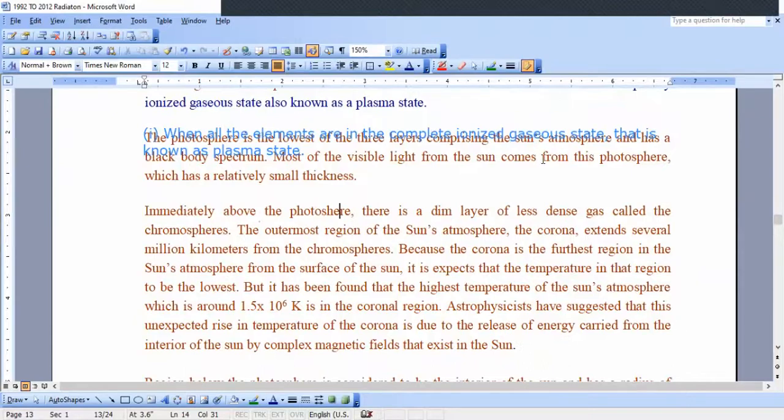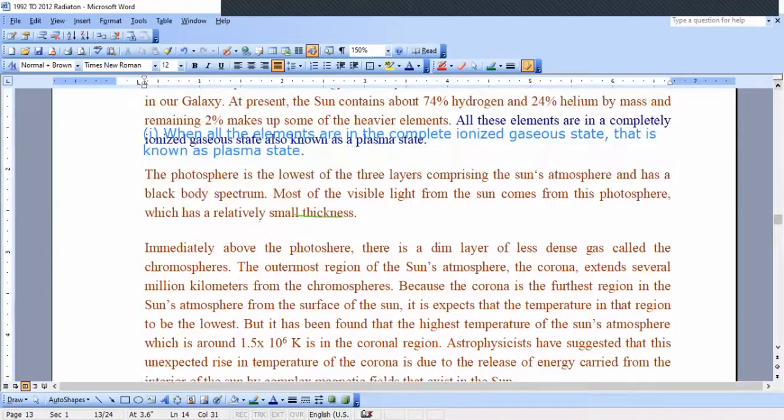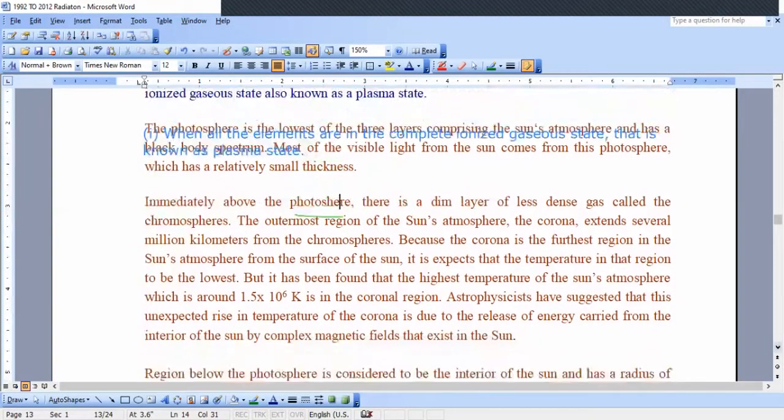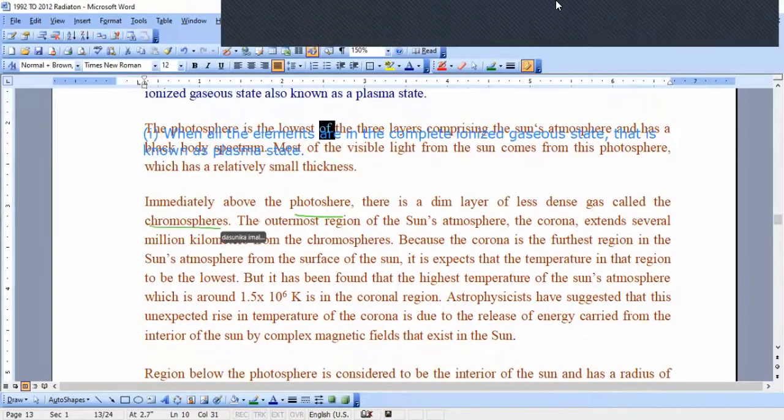No, second paragraph. The visible light comes from this photosphere, which is of relatively small thickness. Yes, can you highlight? Yeah, I like that method. Photosphere is there, chromosphere, and corona.